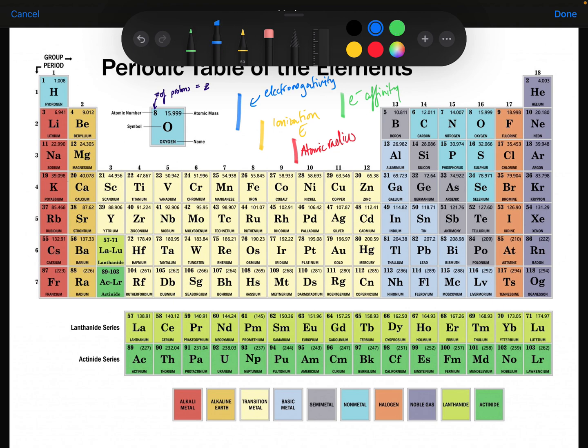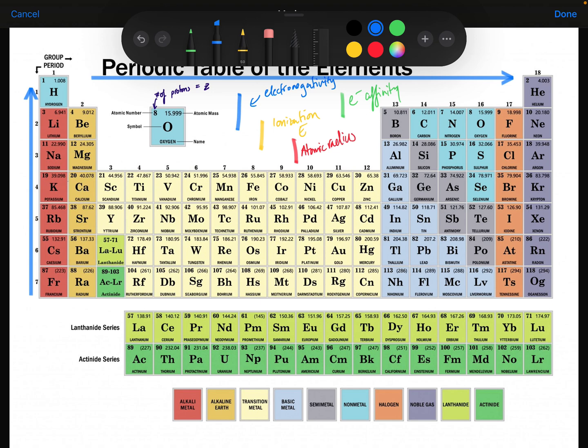You're going to notice that electronegativity, ionization energy, and electron affinity all have these exact similar trends. They increase as you go higher up in the periodic table, and they also increase as you go further right. However, helium, neon, and argon do not show an electronegativity.